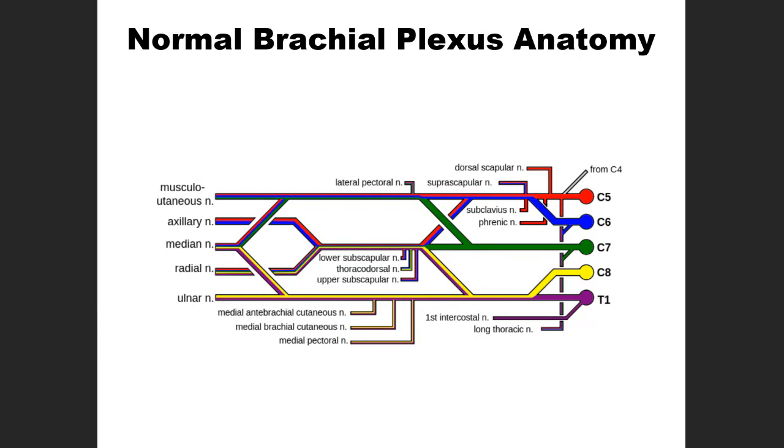All these nerves come out of the brachial plexus. What you have to importantly remember is this point, the junction of C5 and C6. This is called Erb's point. Any injury to Erb's point leads to Erb's paralysis or Erb's palsy.